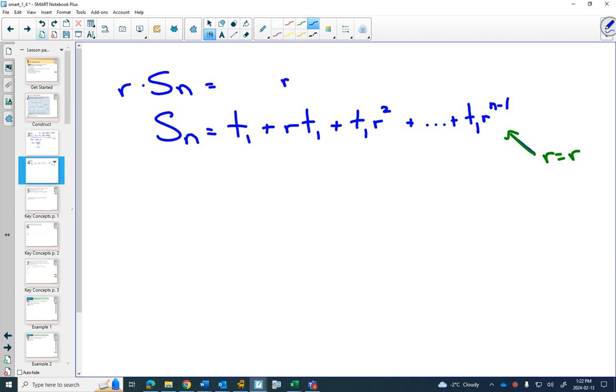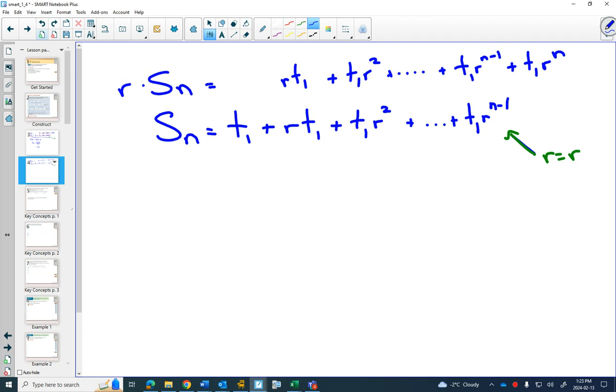If it gets multiplied by r, it would be r times my first term. And it would take this one, if I multiplied it by r, I would get term 1 times r squared. And I would keep going, and all of these would be the same until I got to the last one, which would be r to the n minus 1, and I'd have to multiply one more time. One more time would give me r to the n.